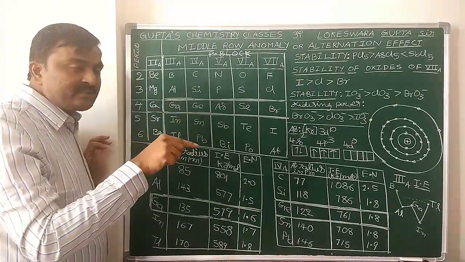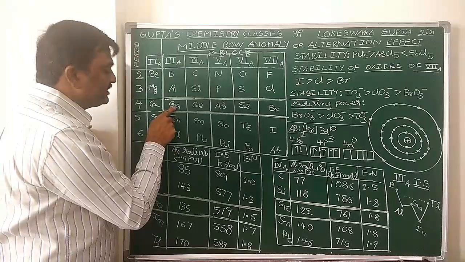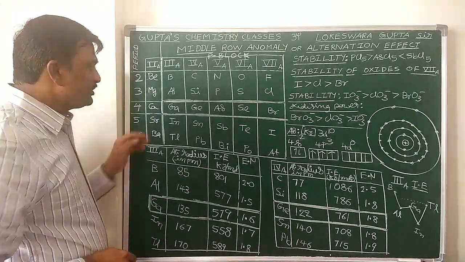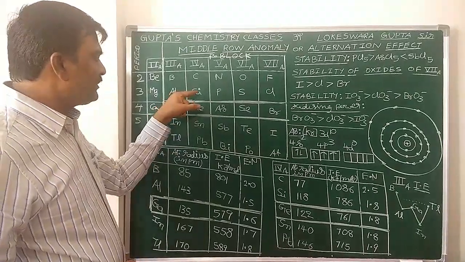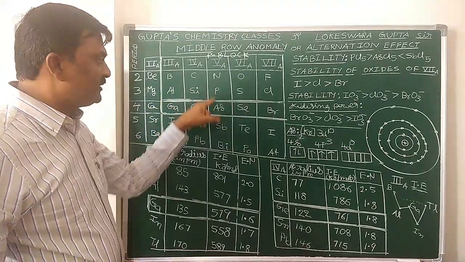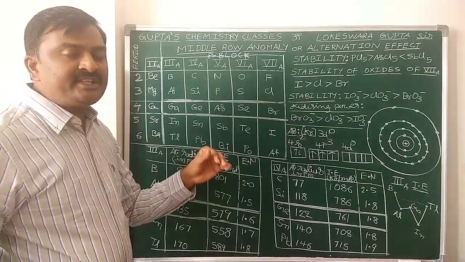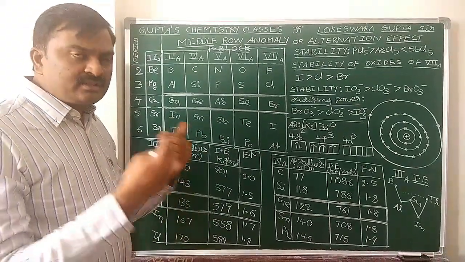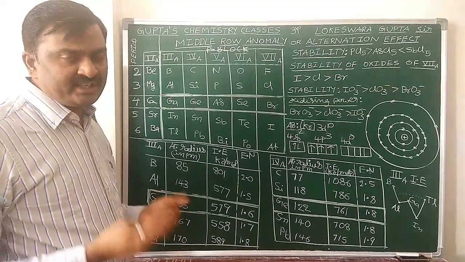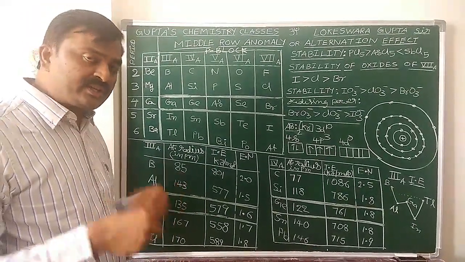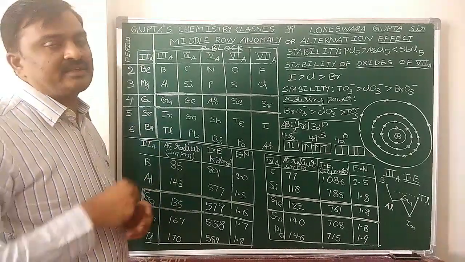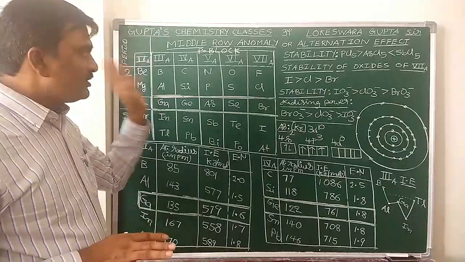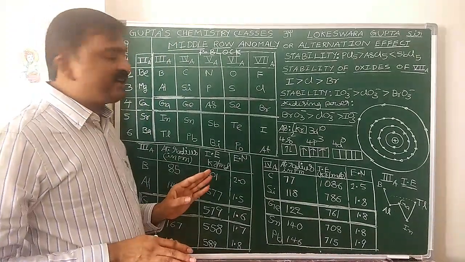So that decrease in atomic radius effect is there in the atomic radius of fourth period p block elements. So in the p block, from third period element to fourth period element, increase in atomic radius is less. This is due to, you can say, poor shielding effect of 3d10 electrons, or you can say d block contraction. So what is the reason for middle row anomaly?